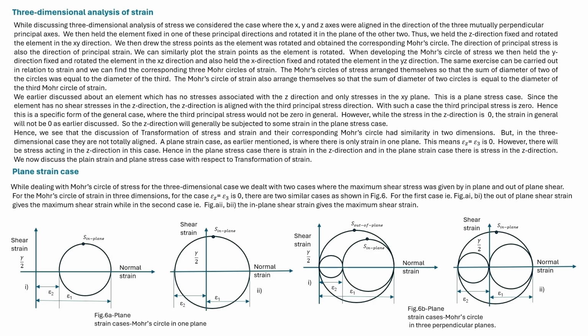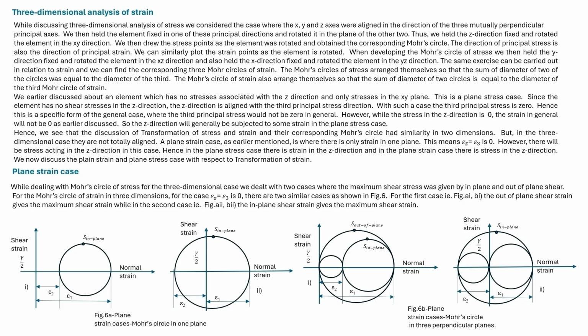Even though normal stress in the third principal direction is 0, normal strain will not be 0 in the third principal direction. Now consider the plane strain case. In the plane strain case, there is no normal strain in the third principal direction. However, there will be stress in the third principal direction.